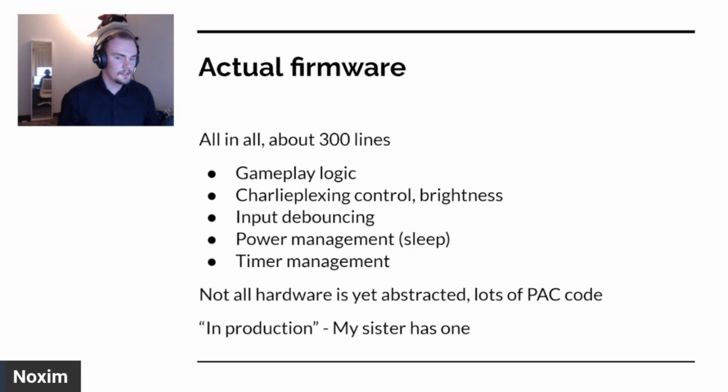Most of this stuff is abstracted through the HAL, so it uses the safe interfaces. But some behavior is really hard to describe in a safe API. For example, power management, this going to sleep, is really hard to make in a HAL because it has some implications.